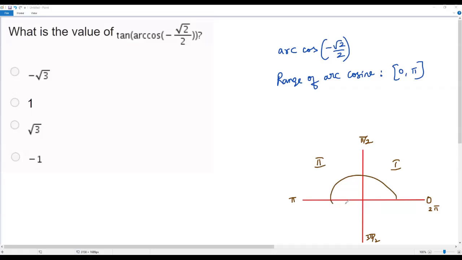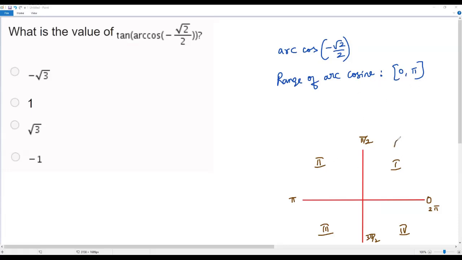So we cannot get an angle in the third quadrant, that is between pi and 3 pi over 2. Here we have the third quadrant, here we have the fourth quadrant. So we are not supposed to get an angle measure for this arccosine in the third or fourth quadrant. We have to get the angle measure either in the first quadrant or in the second quadrant, because the range of arccosine is 0 to pi.